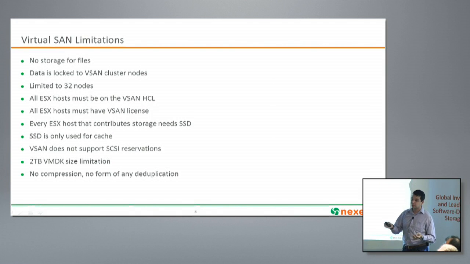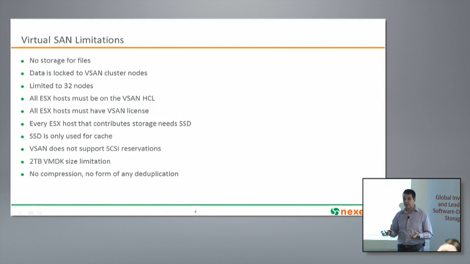And then, of course, all ESXi hosts need to be on the vSAN HCL, and all need to have a vSAN license. By the way, we don't talk about this part, but using Nexenta Connect, you can also save on licensing cost. I will not talk about how, but some of our beta customers figured it out. And also SSD is used for cache only.